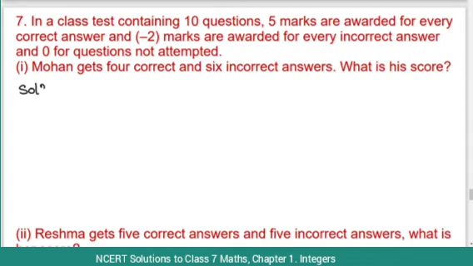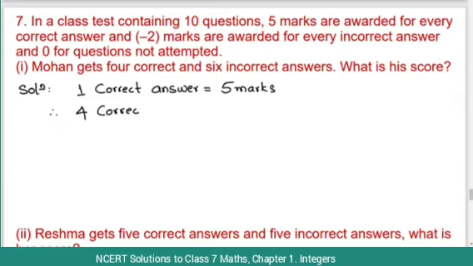Solution. It is given that for 1 correct answer 5 marks. So Mohan gets 4 correct means therefore for 4 correct answers it will be 5 into 4, 20 marks.